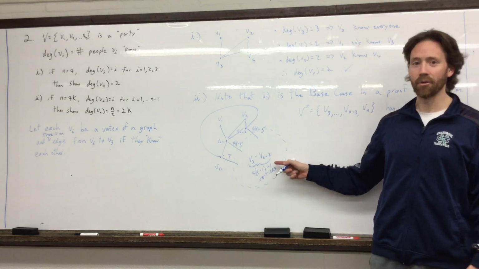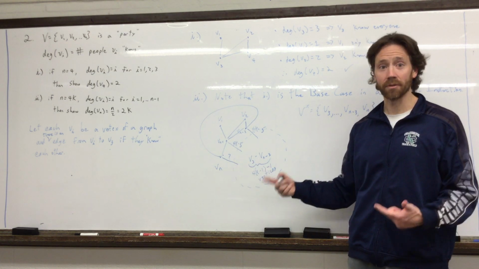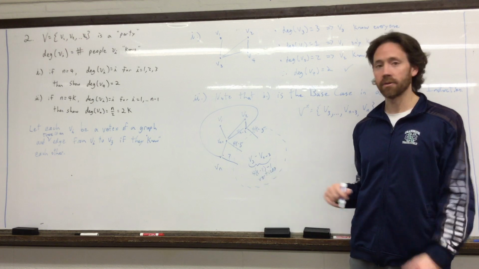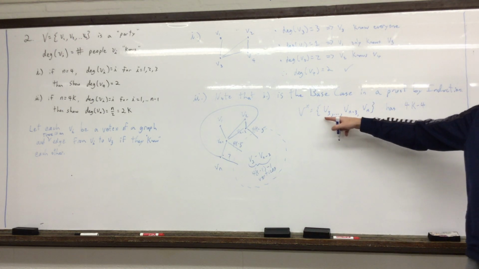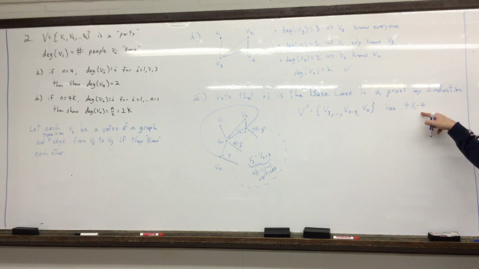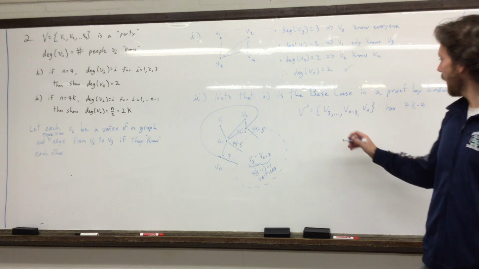I just realized I miscounted how many vertices are in here. If you include Vn in this group, then there's 4k minus 4 total vertices.